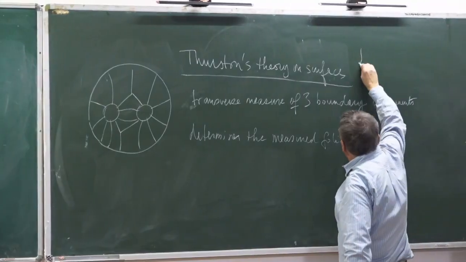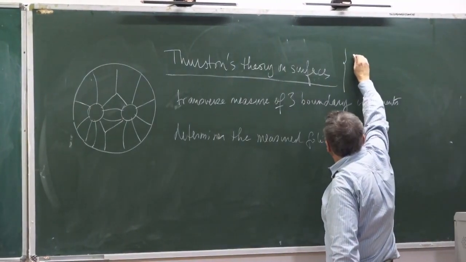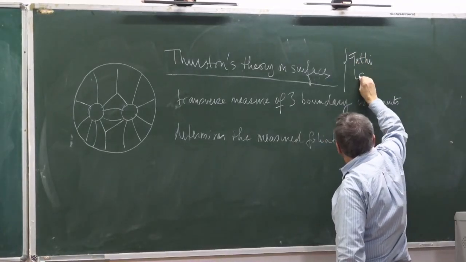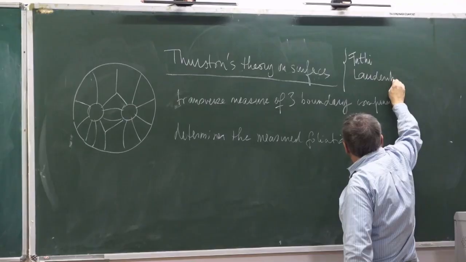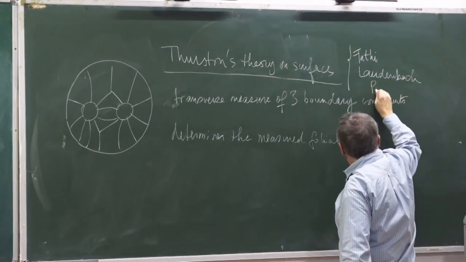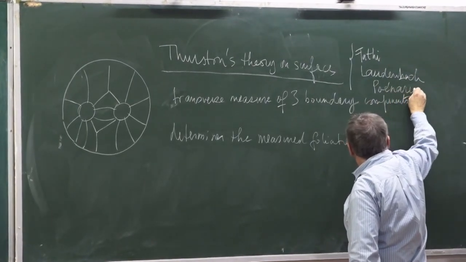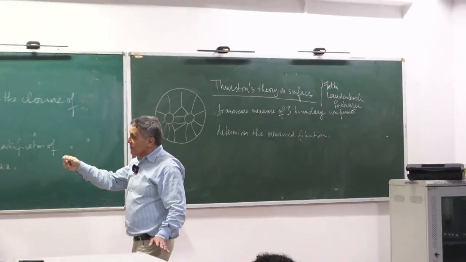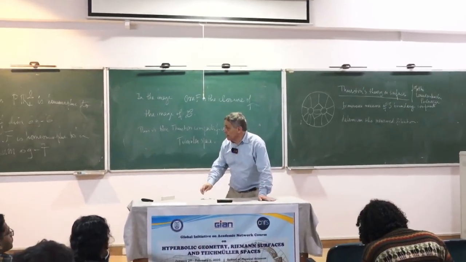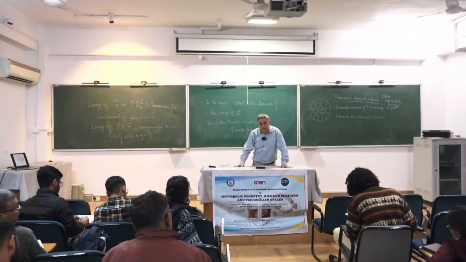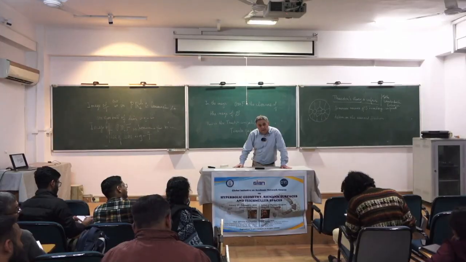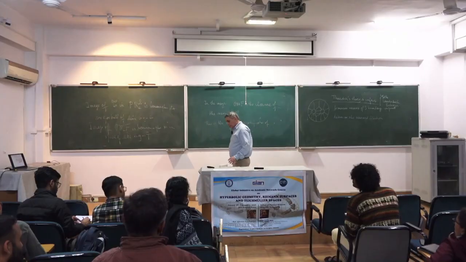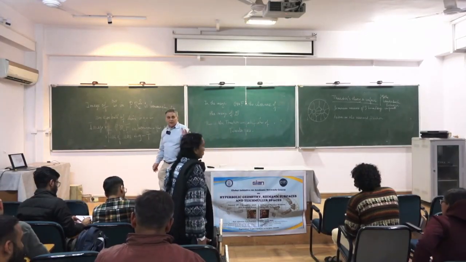These are notes written by Fathi, Laudenbach, and Poénaru. What I tried to say is explained there in maybe the first 100 pages. If you are interested, this is a very good thing to learn. You can ask me questions about this now or later or whatever.